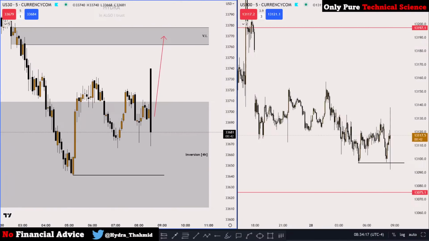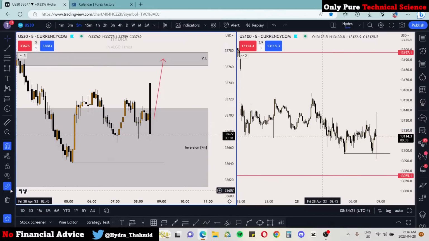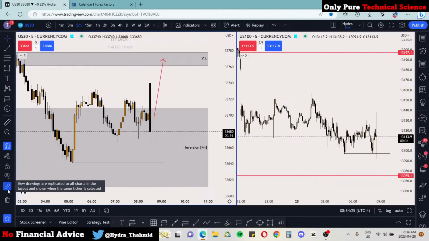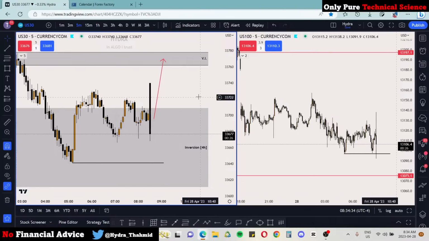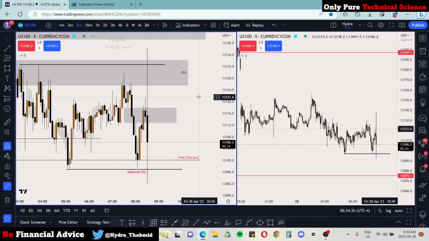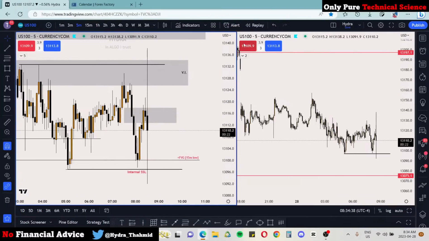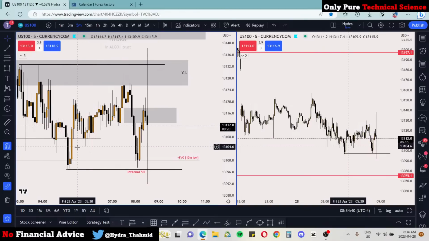I need to click where they're linked. Okay, on the left. New drawings are replicated to all charts in the layout and shown when the same ticker is selected. Yes, that's the same ticker. I'm using both charts the same, don't I? Yeah, currency.com, and everything is good.